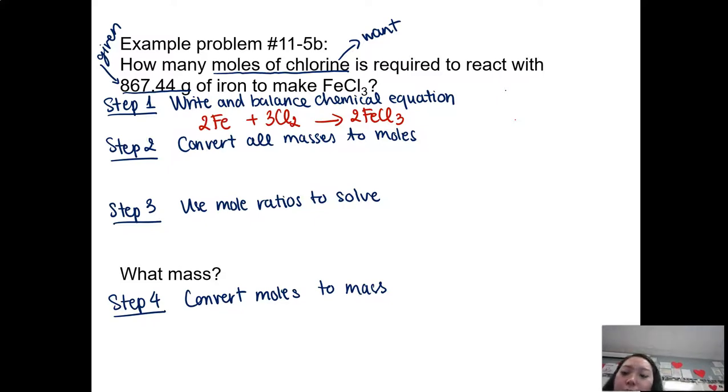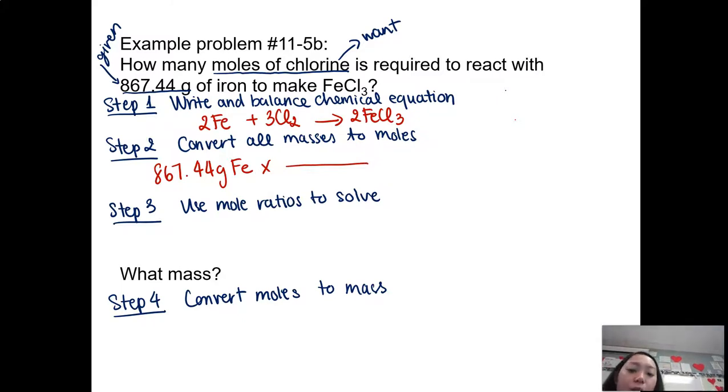We got the chemical equation all good and balanced. Now, the second step is for you to convert all the masses to moles. The only mass I'm seeing is our given, actually, so let's start there. You want to convert this into moles by using the molar mass. The molar mass is gram per mole, so it's very important that you know which one goes at the top and which one goes at the bottom.